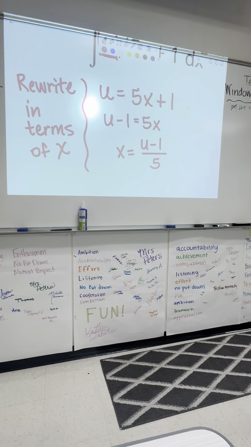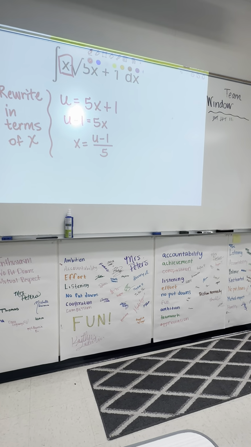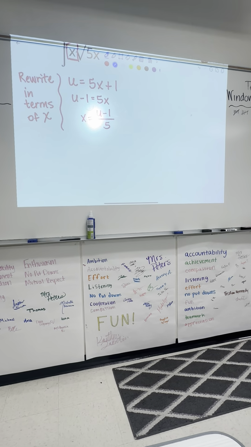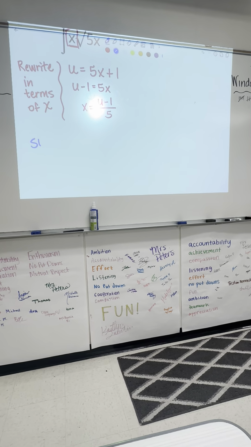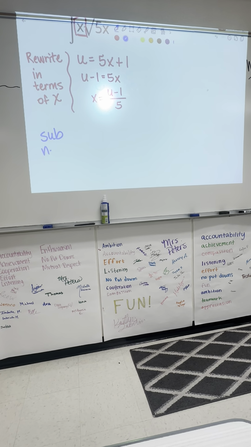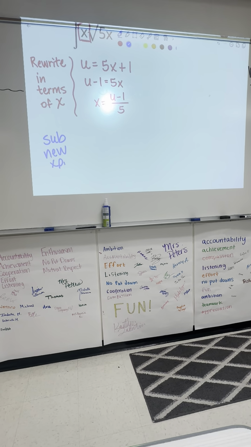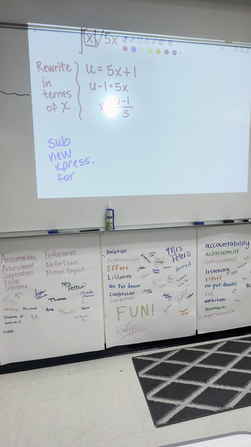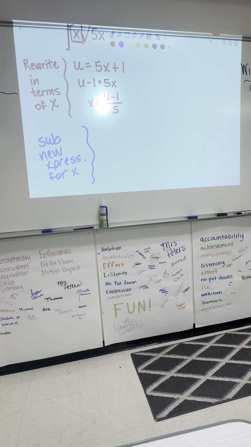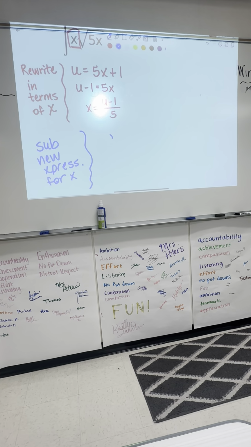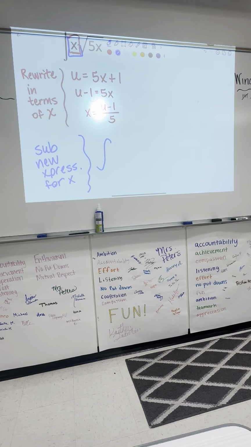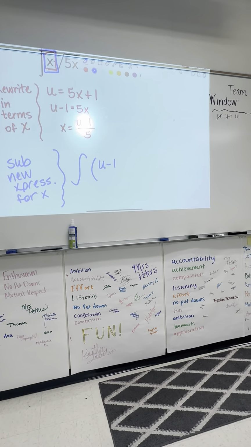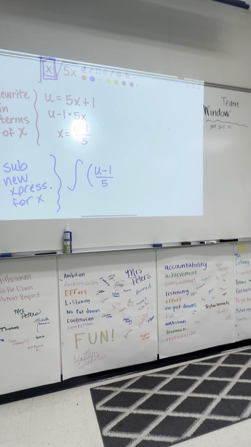So I want you to do that first, and then I want you to sub that new expression for that single x. What I mean by that is, instead of this being an x, I want you to write that as u minus 1 over 5.